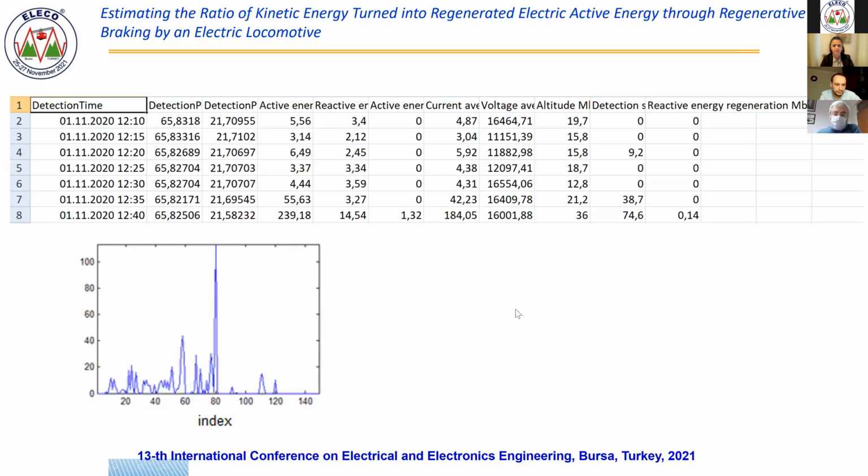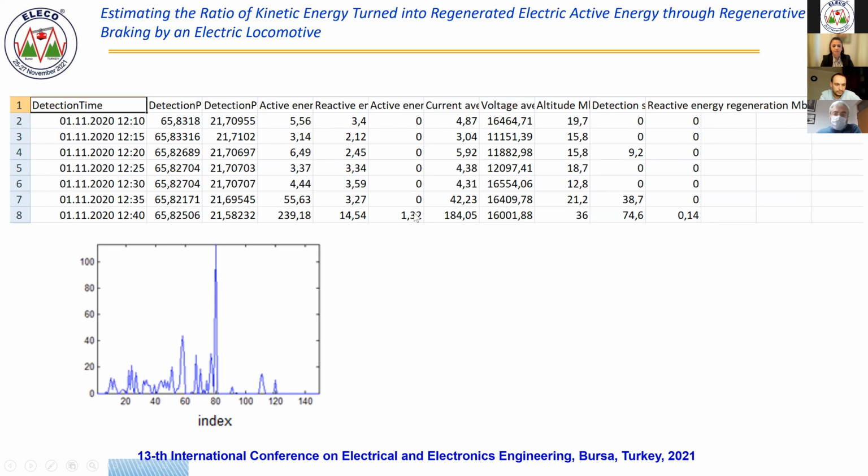Here is an example of data we processed. Every 5 minutes, the onboard recording equipment provides data about latitude, longitude, altitude, active and reactive energy, active and reactive regenerated energy.